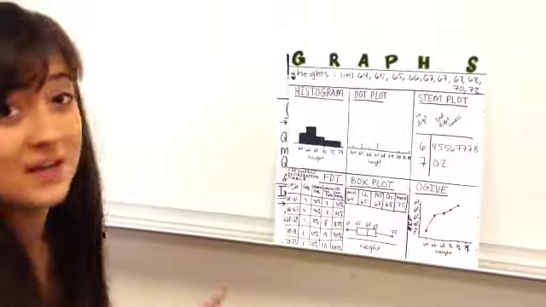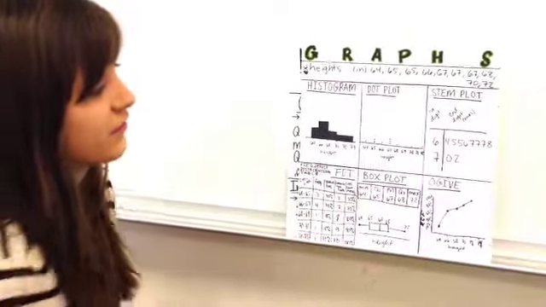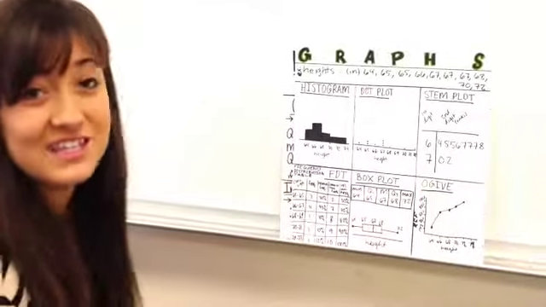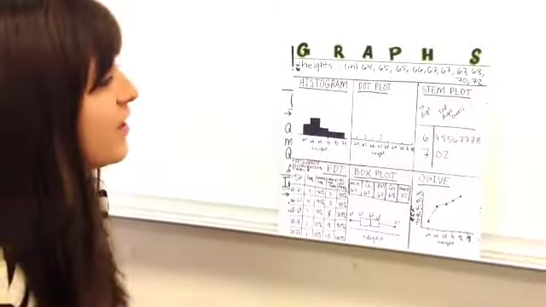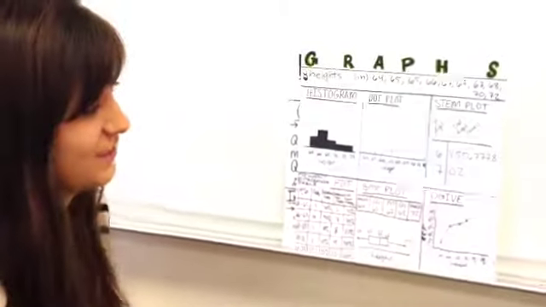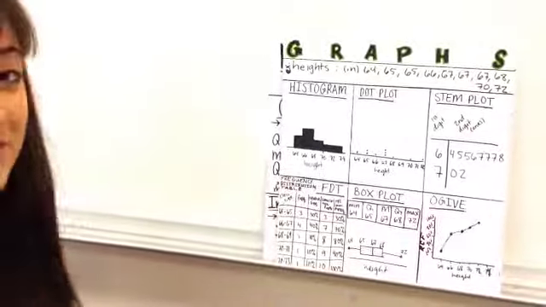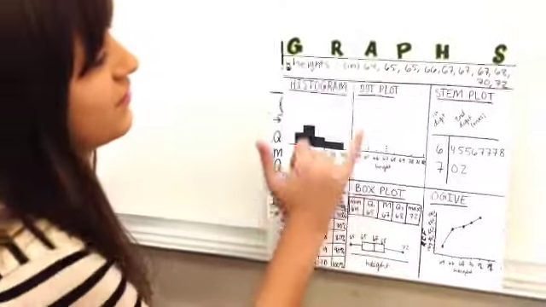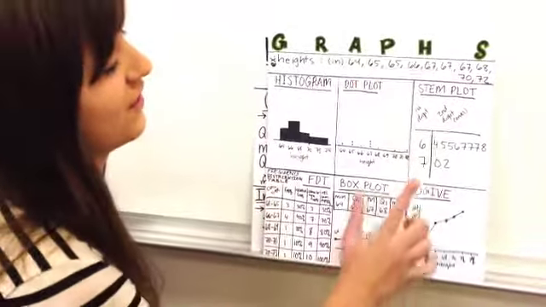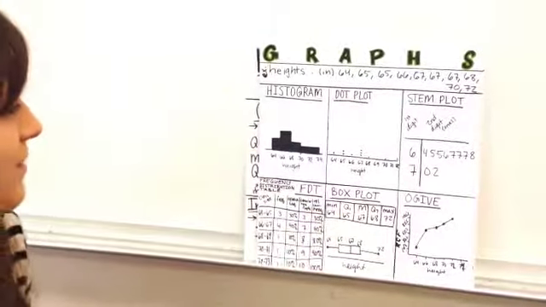Another way is a stem plot, and with the stem plot you have your first digit here. It's usually in the tens, it could be in the hundreds or farther, just listing them in a simpler way. And the second are the ones digits. So we see that we have 64, 65, 65, for example.